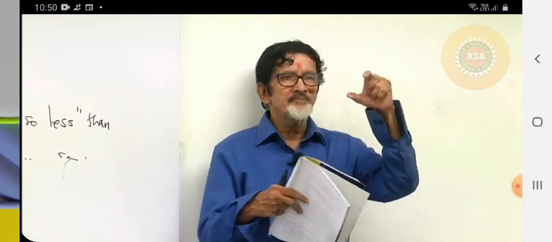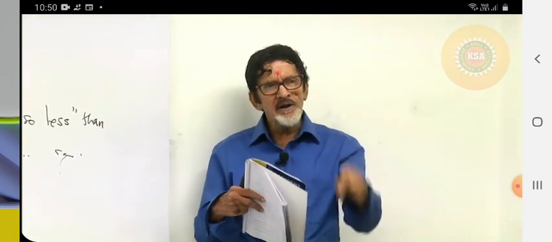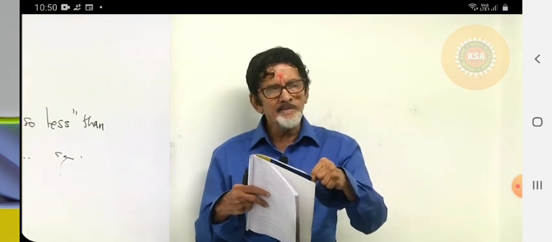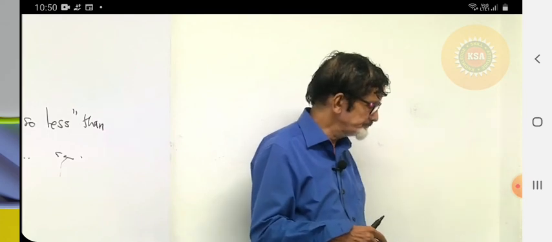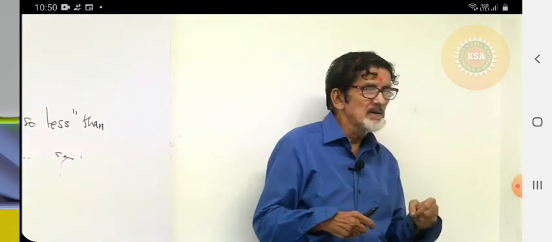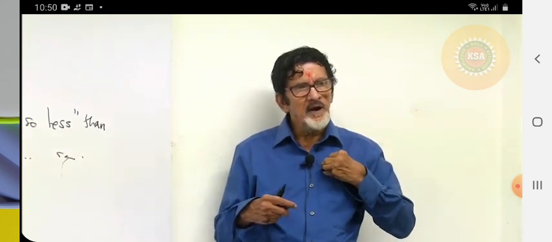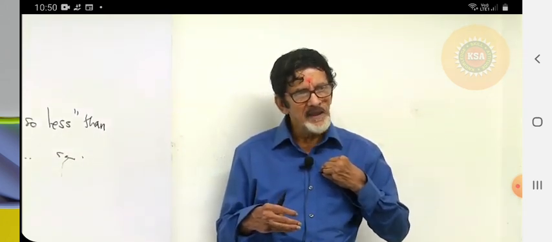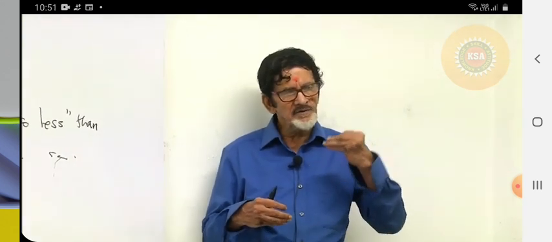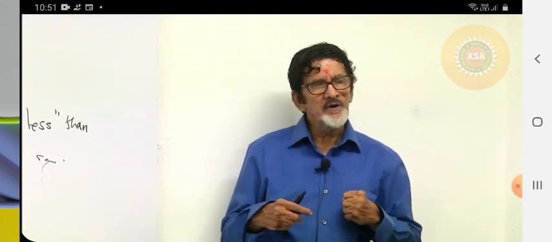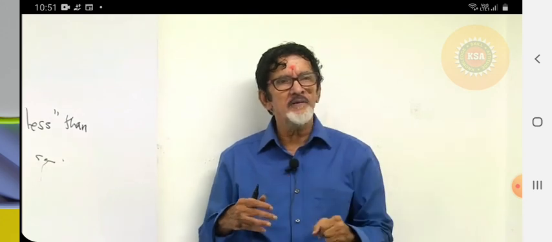So given the problem, first transaction SI is 80 rupees less than the simple interest on the second transaction. If I say my mark is 40 less than my friend's mark, then friend's mark minus my mark is equal to 40.